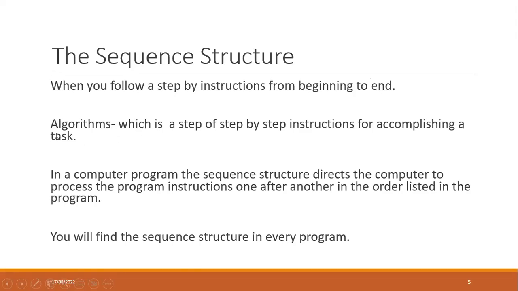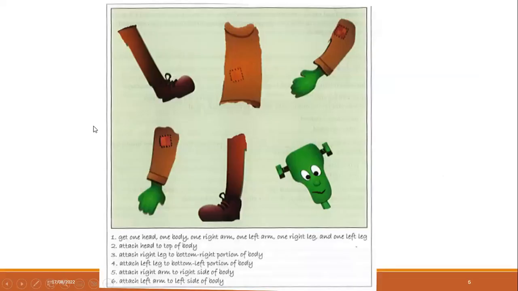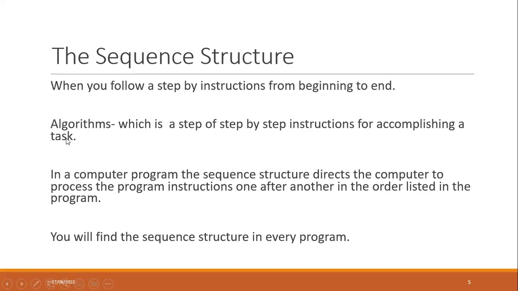Another term is very, very important when it comes to programming, and you have to know it: algorithms, right? You may have heard this word. An algorithm is a step-by-step instruction. In the previous lecture also, you did an algorithm. What algorithm did you do?